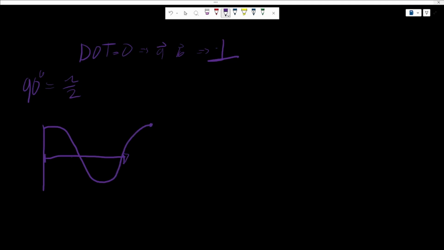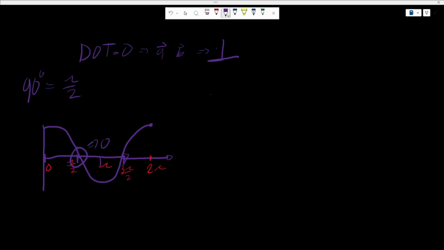Then let's draw our 4 intervals of pi: 0, pi over 2, pi, 3 pi over 2, and our last one is 2 pi. So we can see for our cosine function at pi over 2, it is a function value of 0.